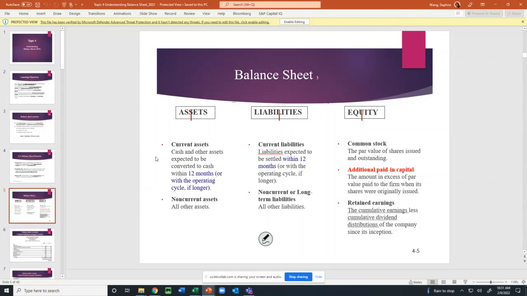Under the Trump administration, what's the corporate income tax rate right now? 21%. Please remember, this is a very simple common sense question. You need to know the corporate income tax rate right now is 21% since 2017.